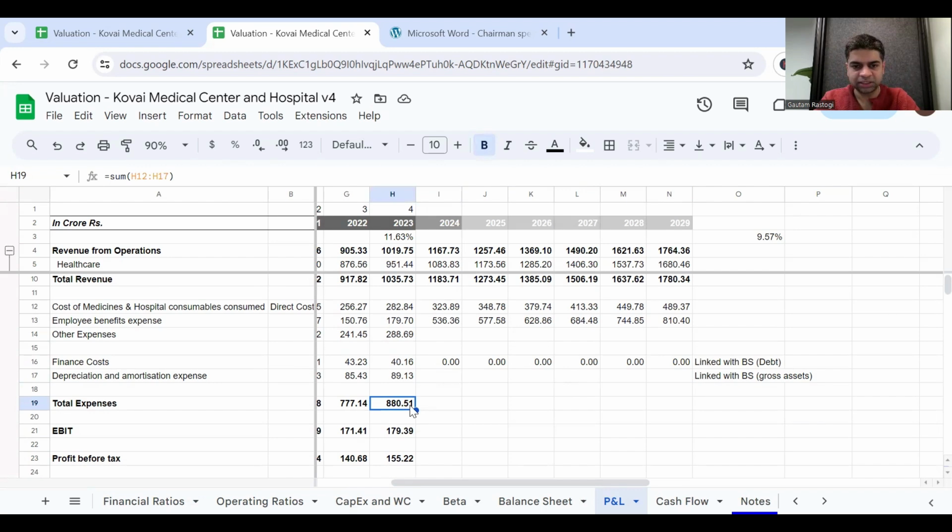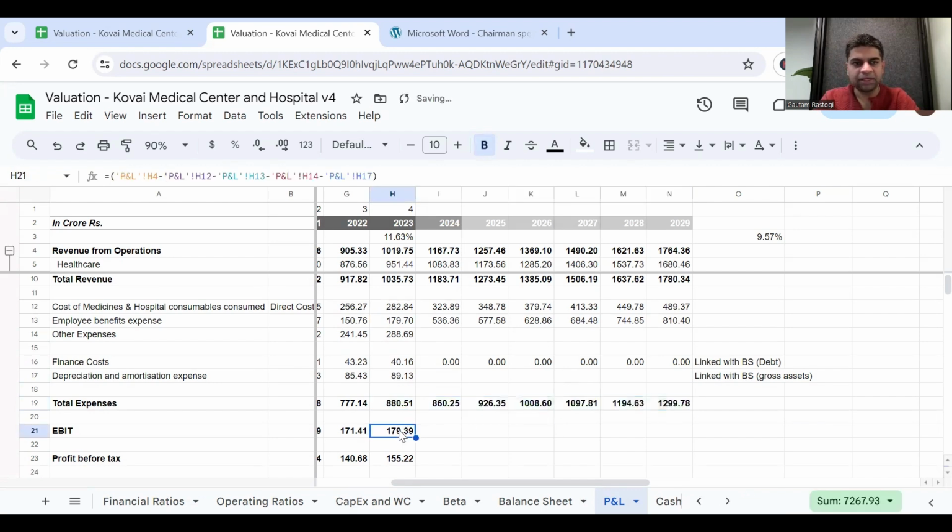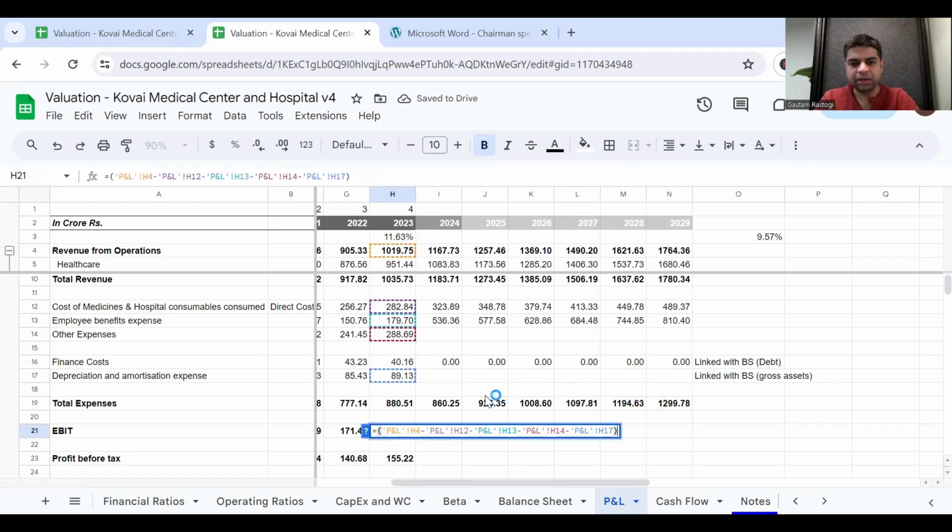But let me complete this total expense. The total expense is just the summation of all these expenses. EBIT, earnings before interest and tax, is revenue from operations, and from that you net off COGS, SG&A, and depreciation and amortization expense, but you don't net off finance costs, because it is before interest.